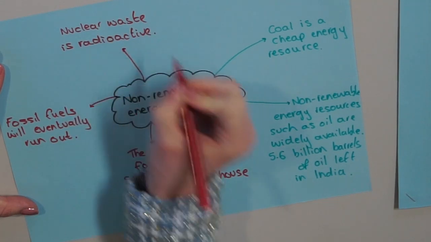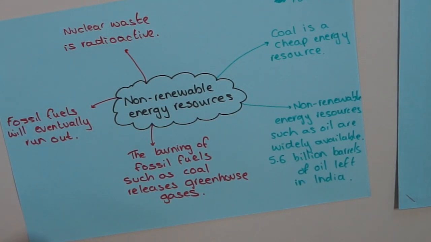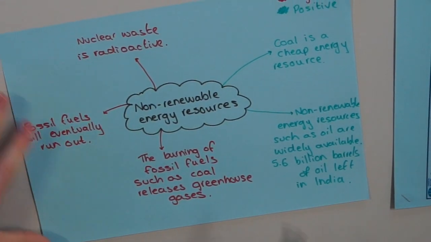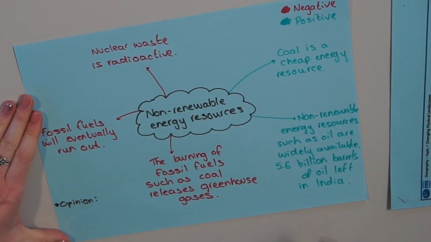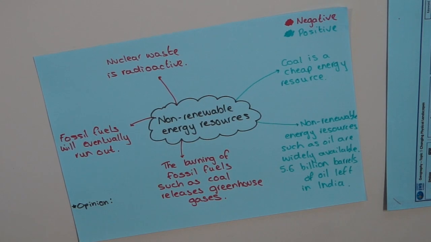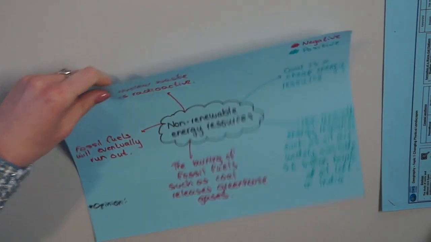So if there is a leak, people in that area have to evacuate. And you could continue doing this, making sure you've looked at every resource and you have fully evaluated it. At the very end, you could then include your opinion. So overall, what do you think? Do you think non-renewable energy resources are good, or do you think we should stop using them?